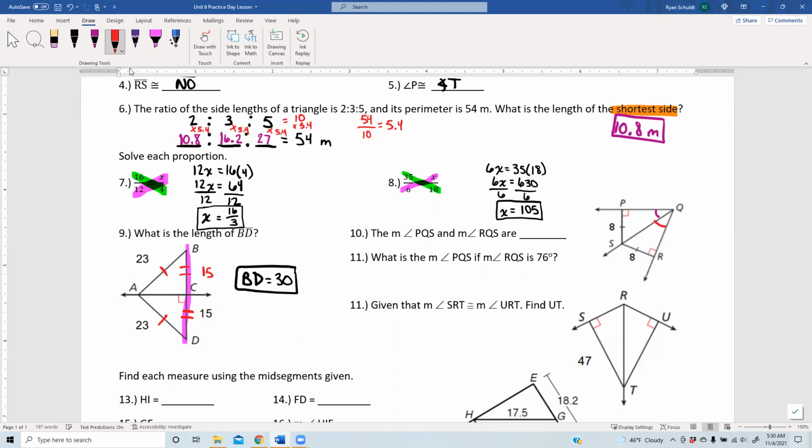It's asking, what do we notice about them? Are they going to be the same? Are they different? Well, you see how RS and PS are the same? They're both 8. That means these two angles up here have to be the same. So the measure of angle PQS and RQS are equal.